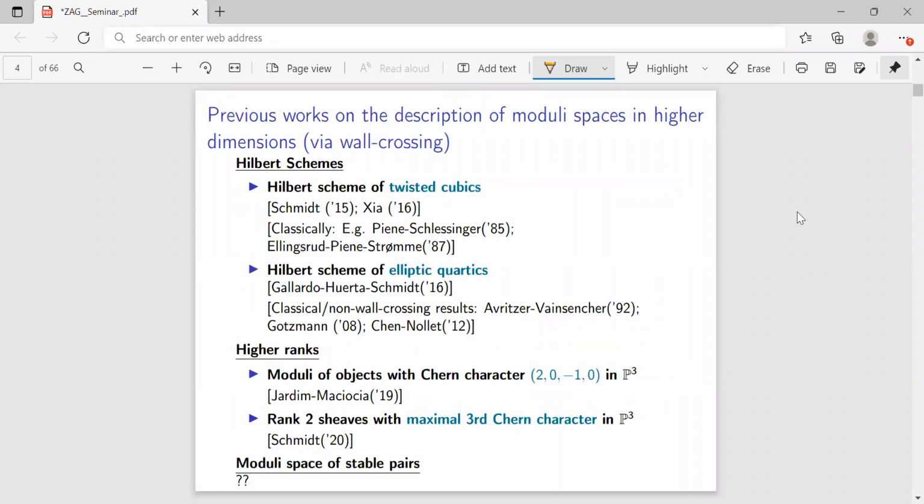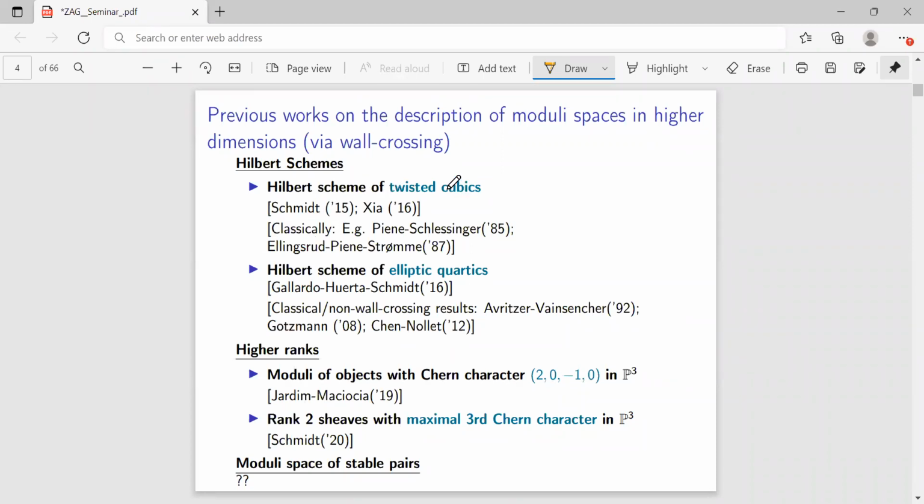Okay, so some previous work on description of moduli spaces in higher dimensions via wall crossing is as follows. For the case of Hilbert schemes, we have these two examples: the Hilbert scheme of twisted cubics, and the Hilbert scheme of elliptic quartics. For twisted cubics, the wall crossing is due to Benjamin Schmidt and Anand Deopurkar Shaw.